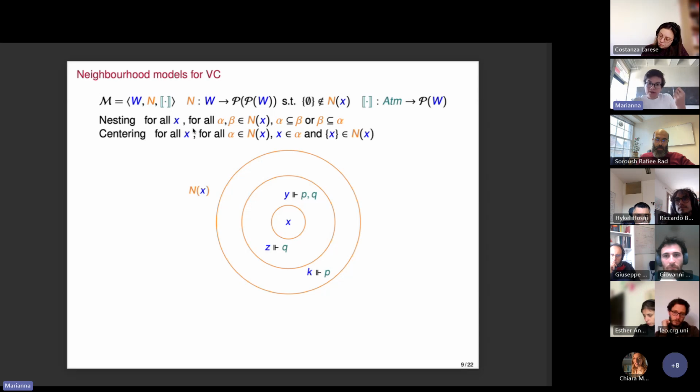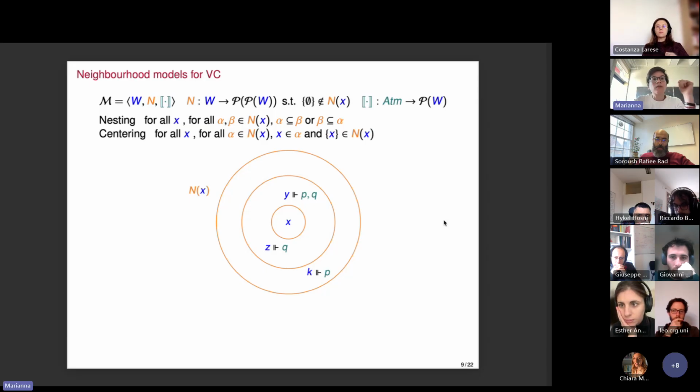So if you fix x to be your actual world, then it makes sense that the world most similar to the actual world is the actual world itself, x. And then as you go to the outermost spheres, you will have worlds that are less and less similar to x. That's the intuition. Okay, so these are the models for VC.